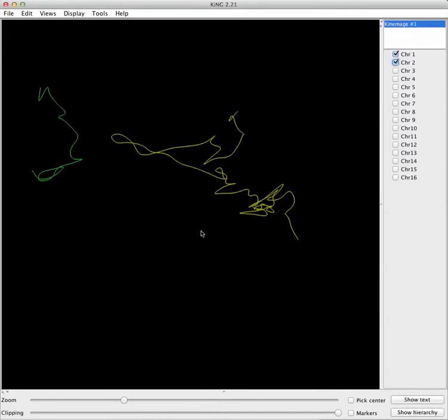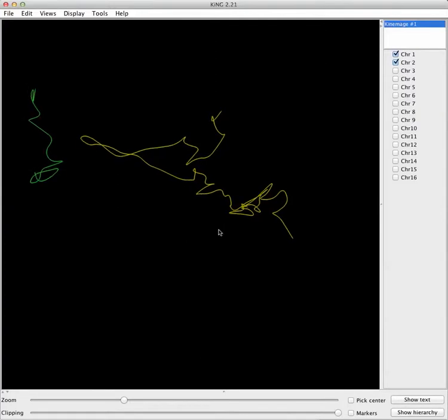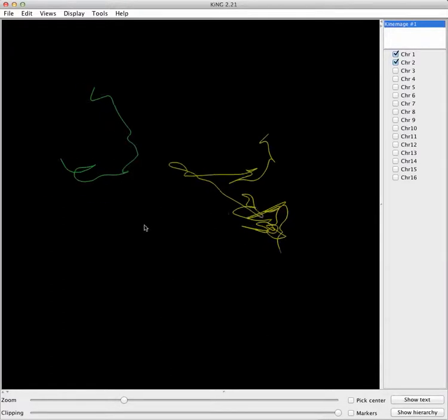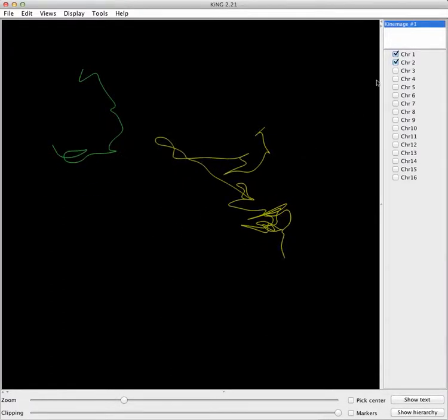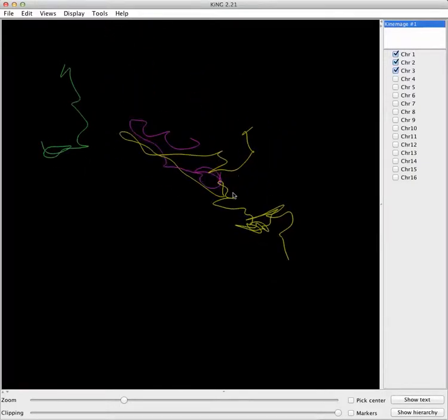But here you see what this solution of the nuclear structure does. It shows you approximately what the shape of chromosome 2 is and approximately how close it is to chromosome 1. Here's chromosome 3. So you see that 3 and 2 are closer to each other, and so therefore you'd expect that there'd be much more interaction between those chromosomes.